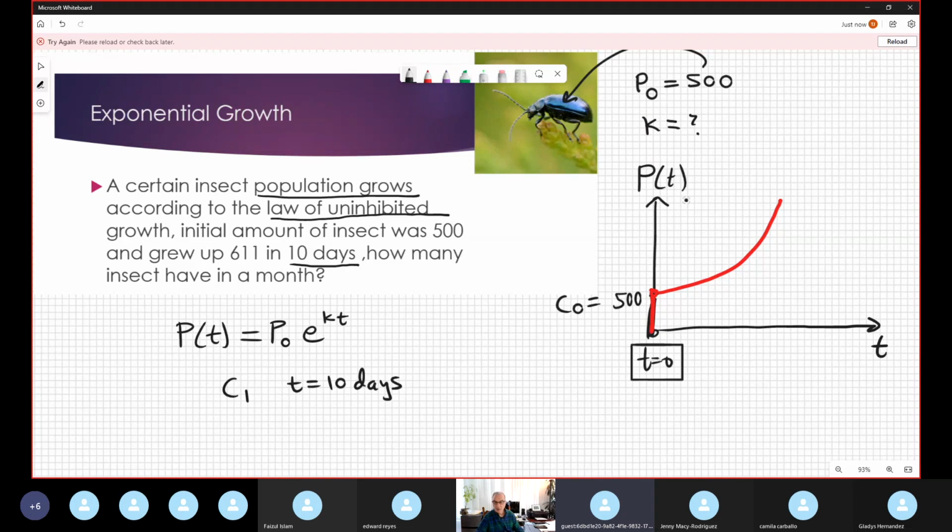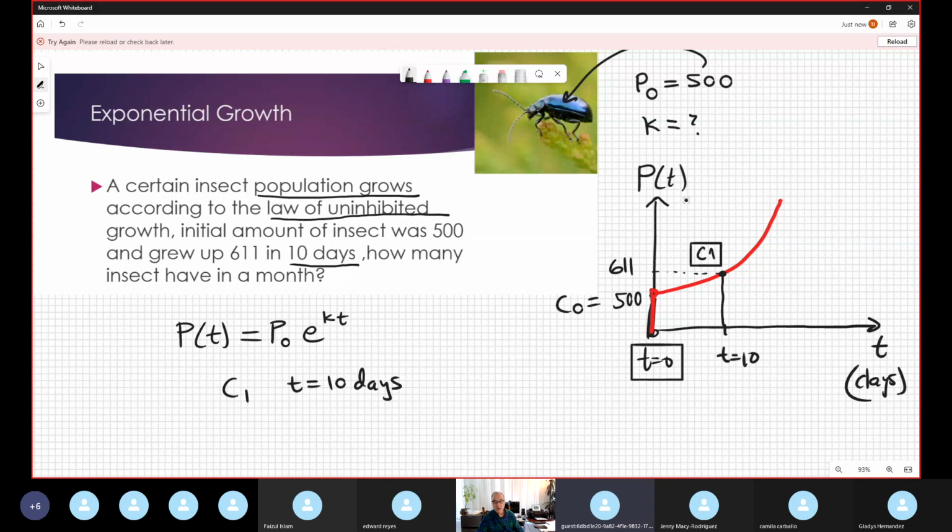That means that in my problem, the time is in days. The population of the insects now is not 500, it's 611. So at t equals, hypothetically, here, t equals 10, the population increases a little bit, not too much, 611. 611 is the number of insects at 10 days. This is called condition 1.